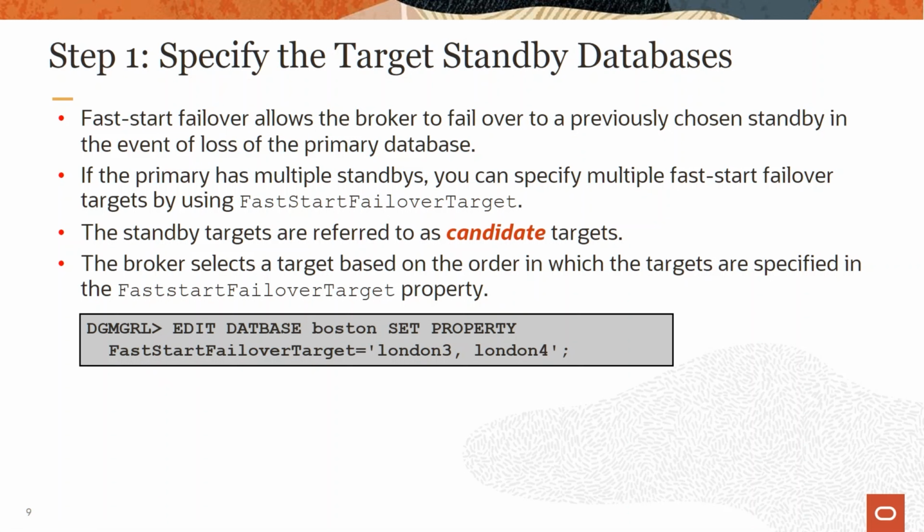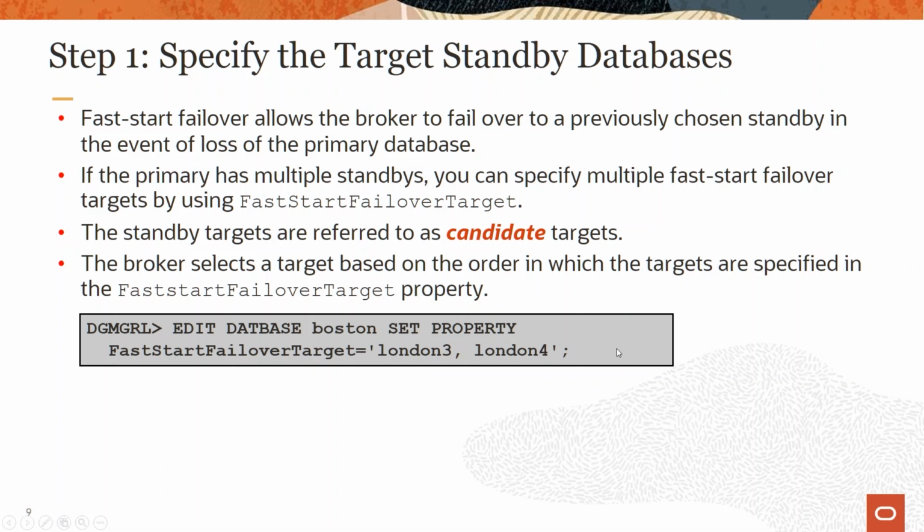If conditions are met, the observer will initiate fast start failover. The first target that will be considered is the first placed standby database, in this case London3. However, if London3 is not available, the next available candidate will be chosen, in this case London4.